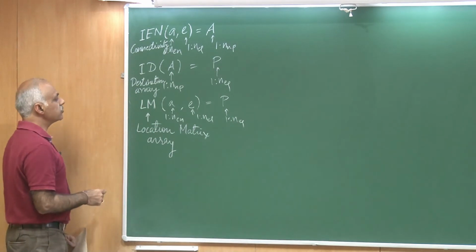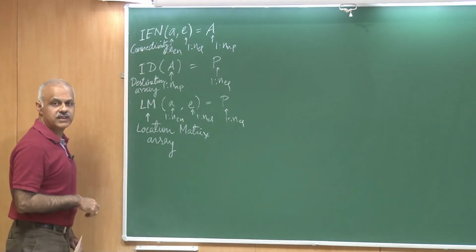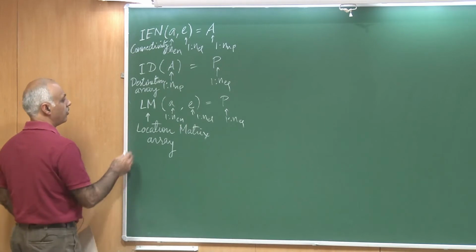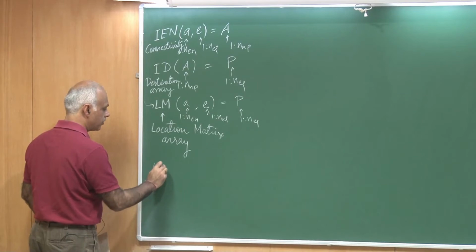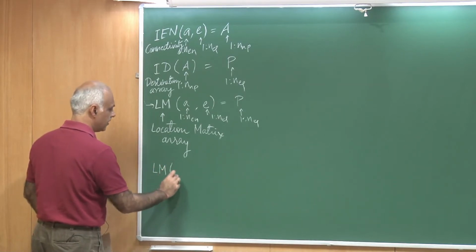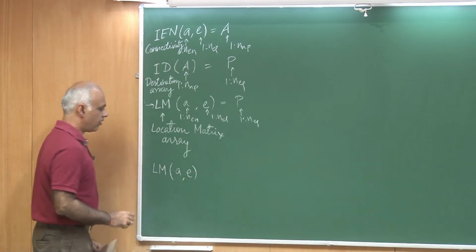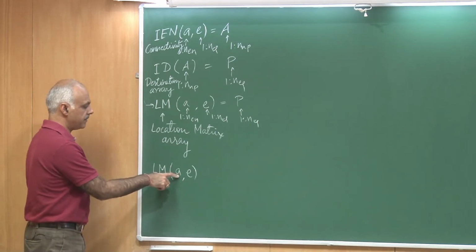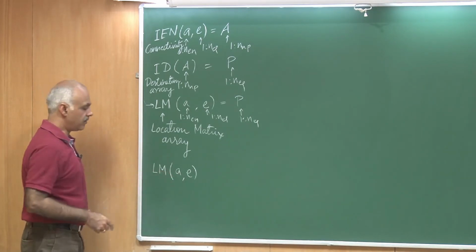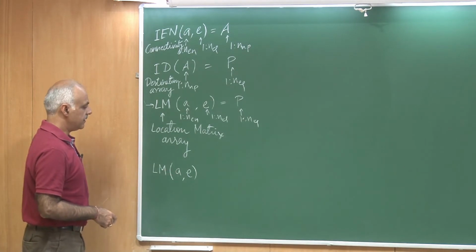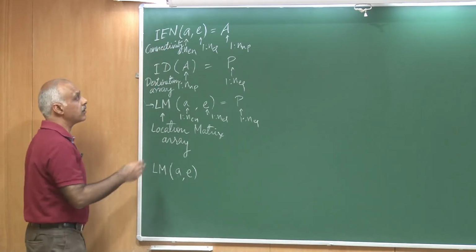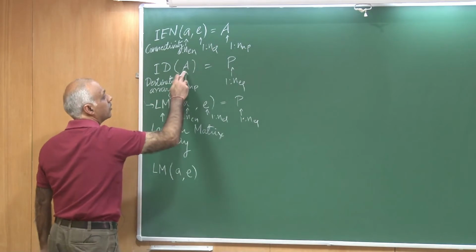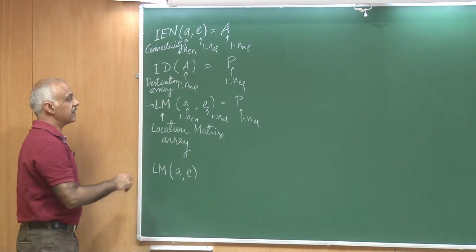In fact, I can use any two of these arrays to generate the third one. So let us take the example of the LM array. If I want to generate the LM array of a certain local node number of a given element E, then I can first go to the IEN array and figure out what is the corresponding global node number. And once I know the global node number, I can actually get the equation number.